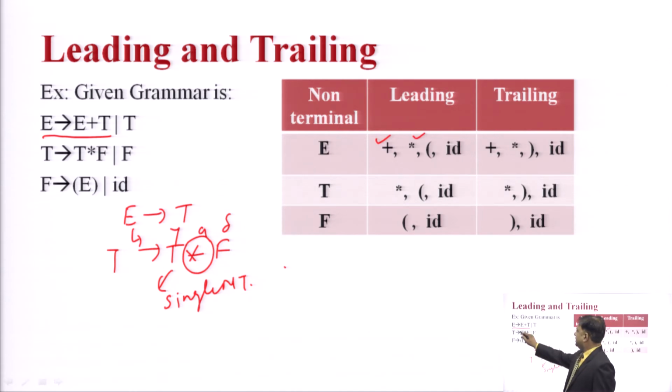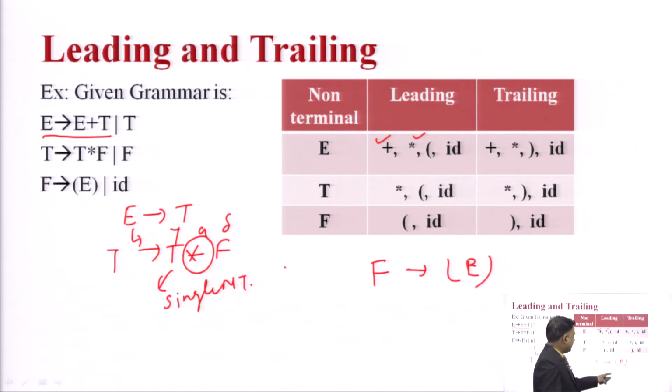Similarly, I compare that T drives F and F drives parenthesis of E. What I find here is that F drives this. If F drives this, then what is my A, and this is my gamma, and the rest of the string is my delta.